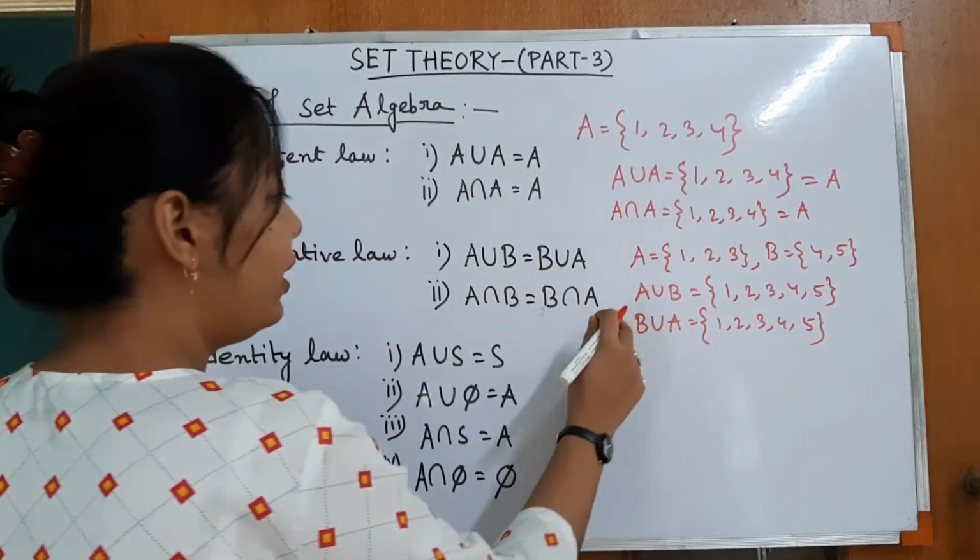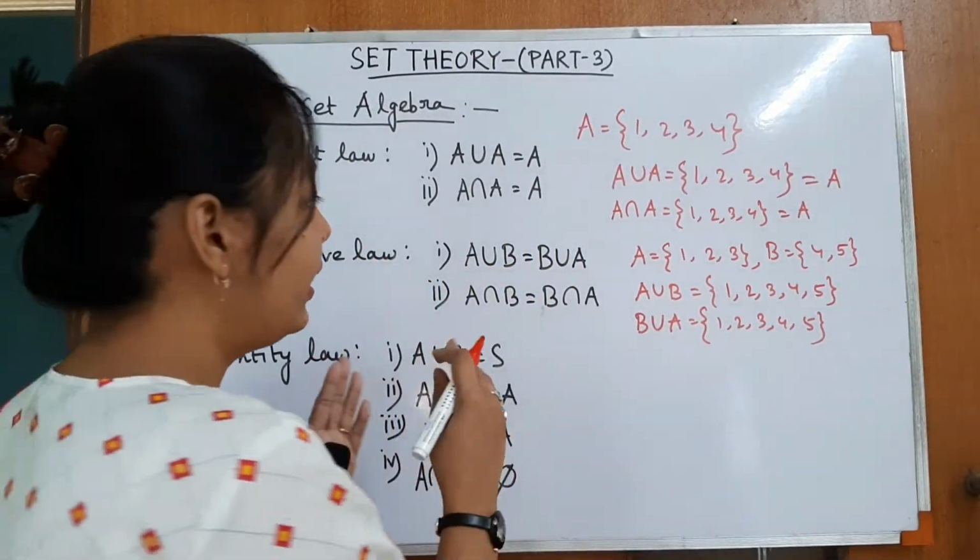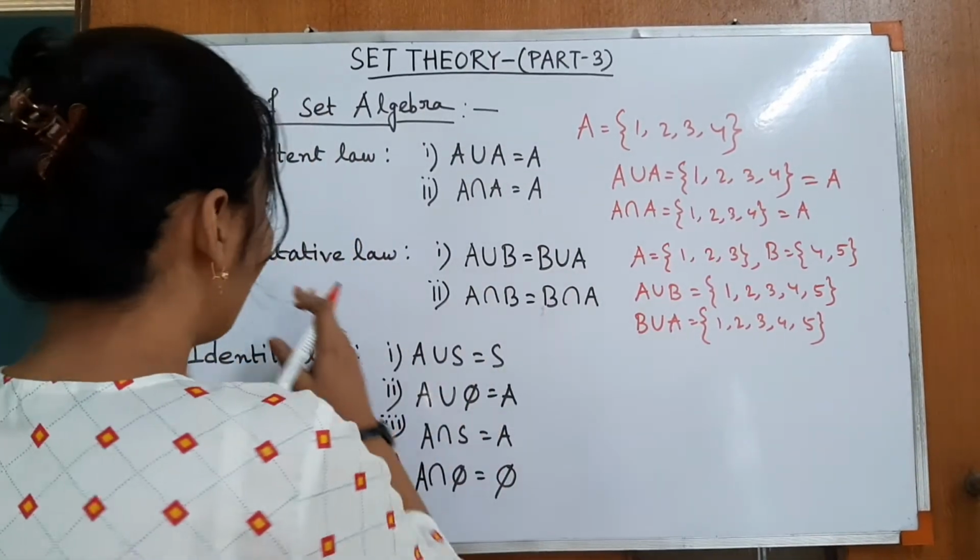That is, A union B equals B union A. So here sets A and B satisfy the commutative law.